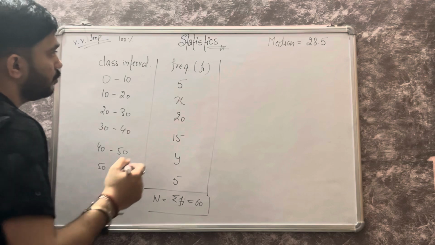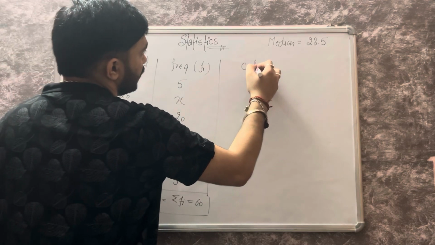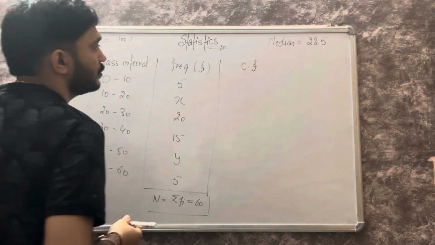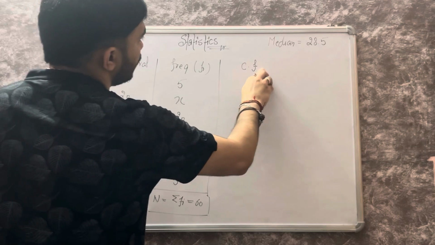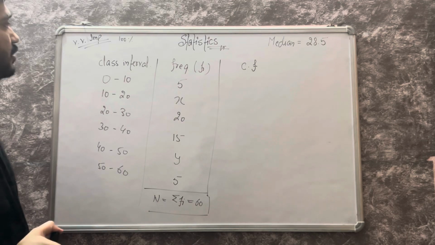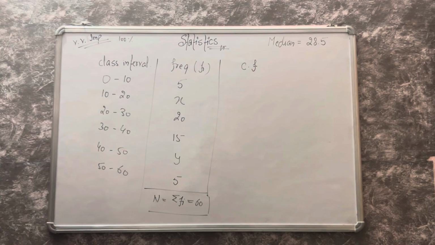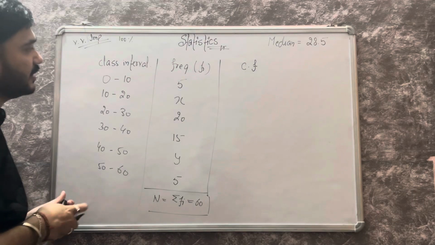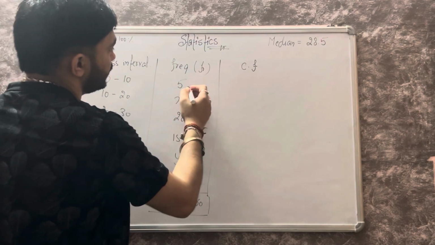Firstly, what are we going to do? We are going to find the cumulative frequency here. How are we going to find the cumulative frequency? That is CF. Just add the values.